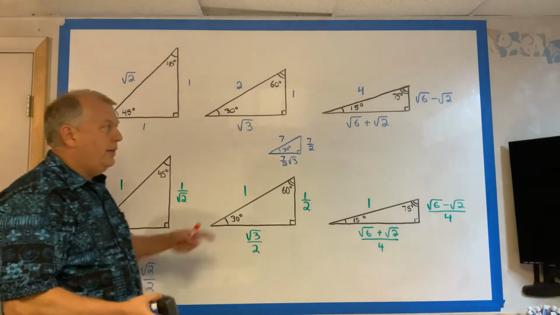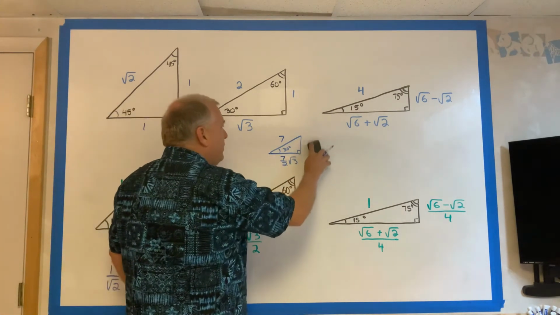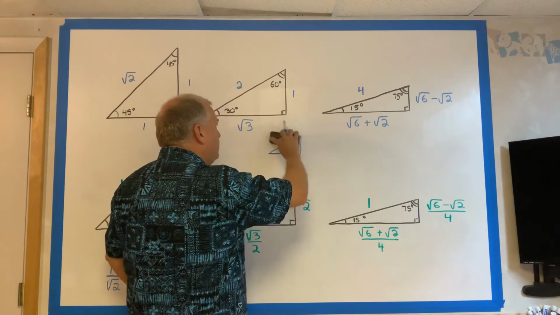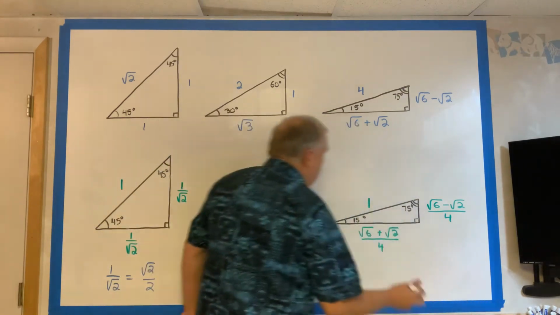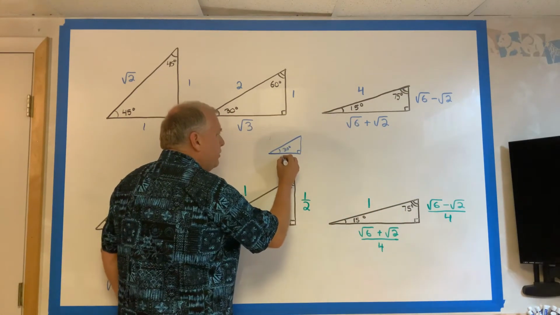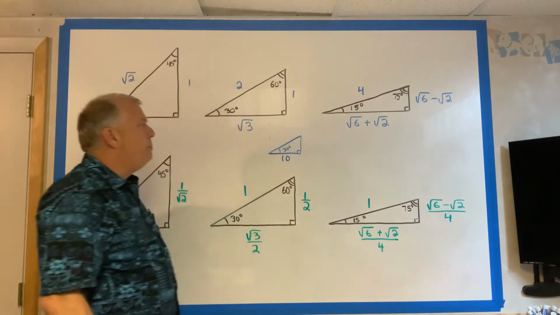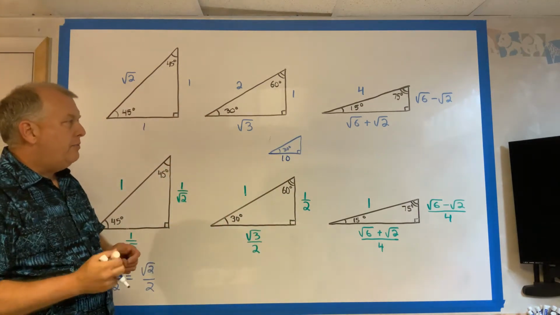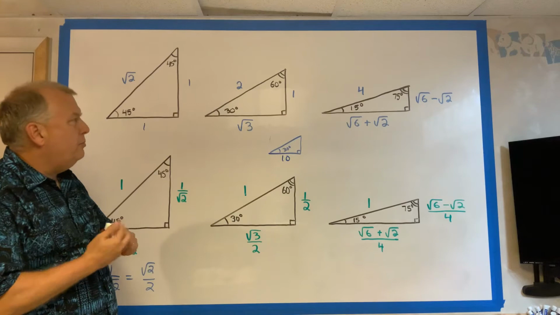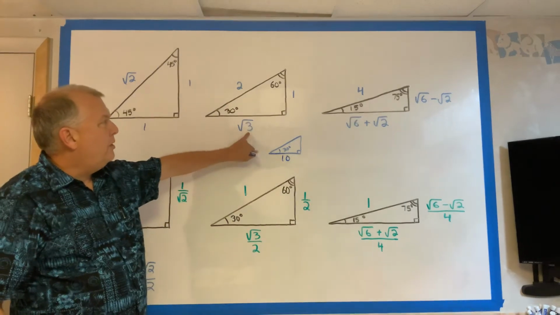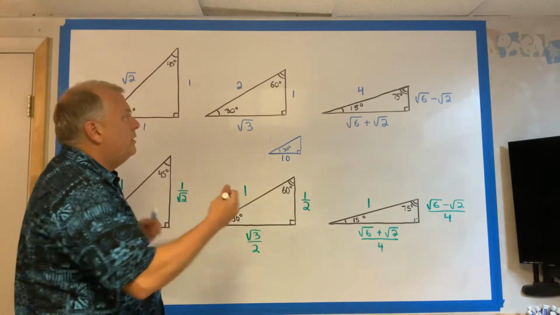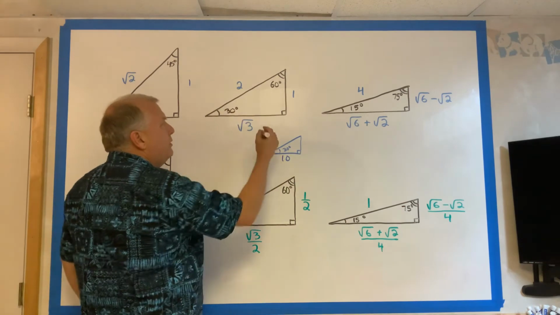Maybe the hardest case for a 30, 60, 90 is what happens when someone says, let's make the long leg 10. Well, then you have to think to yourself, how do you move from the long leg to the short leg? This is the guidepost.